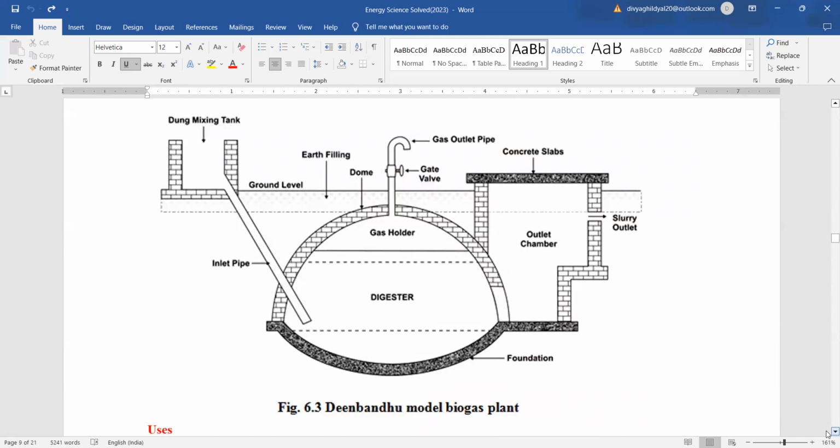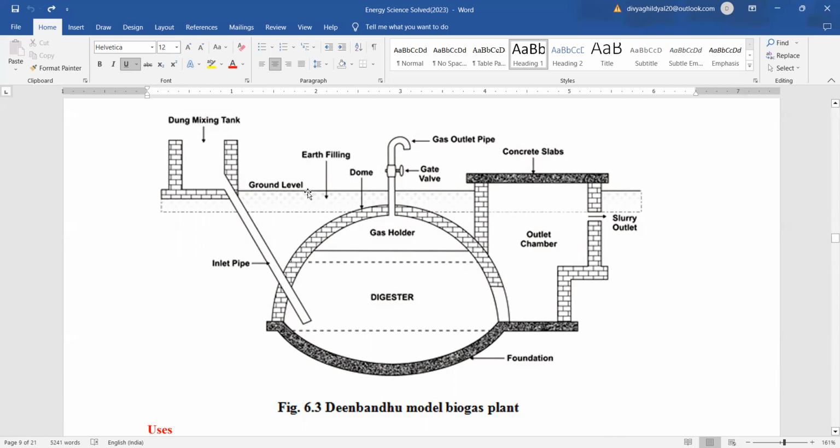The Deen Bandhu biogas plant design consists of segments of 2 spheres of different diameters which have been joined at their base. The structure acts as the digester, as the fermentation chamber, as well as the gas storage chamber. This digester is connected with the inlet pipe and the outlet tank.